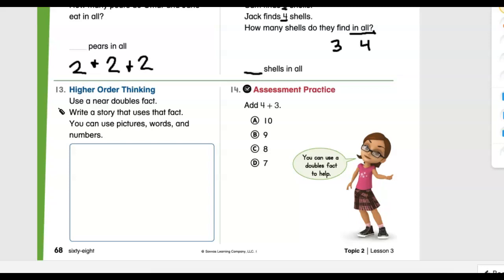You can use pictures, words, or numbers. So you guys can do a lot of different things for this problem. All it's asking you to do is to use a near doubles fact and tell a story. So Mrs. Collier can give an example, but this is just an example. I do not want anybody to copy me.